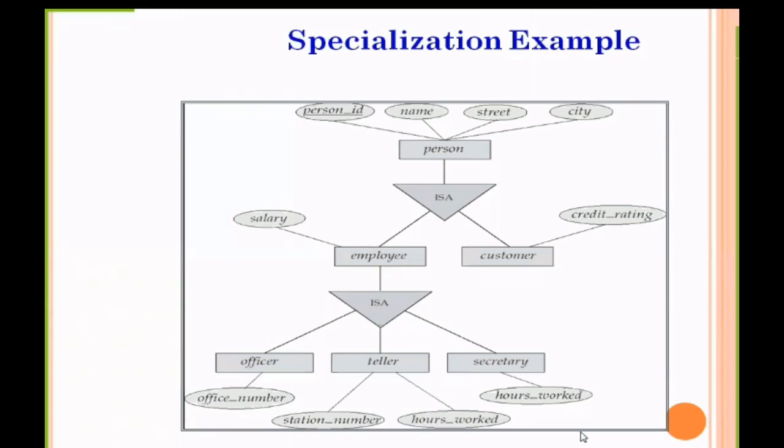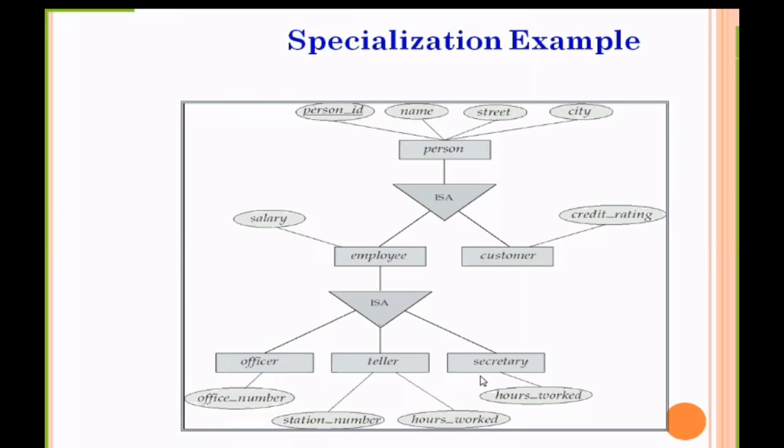All the entity sets like officer, teller and secretary will have salary, because an officer is like an employee, and a teller is like an employee. So whether it is officer, teller or secretary, all three will have salary and all the features of the employee class. But as we are going up, we are combining all the features and making one general form, that is the employee.